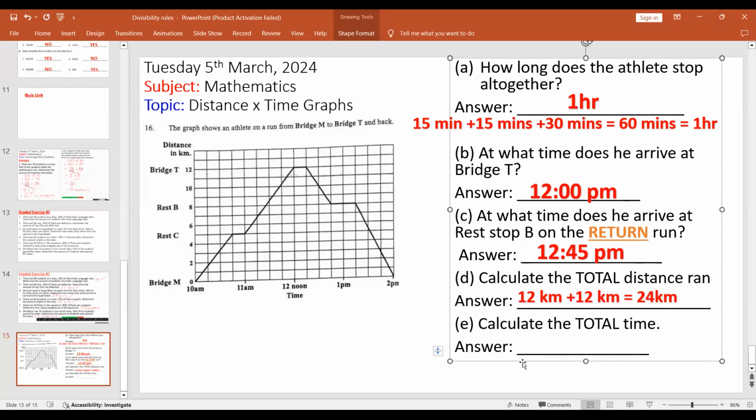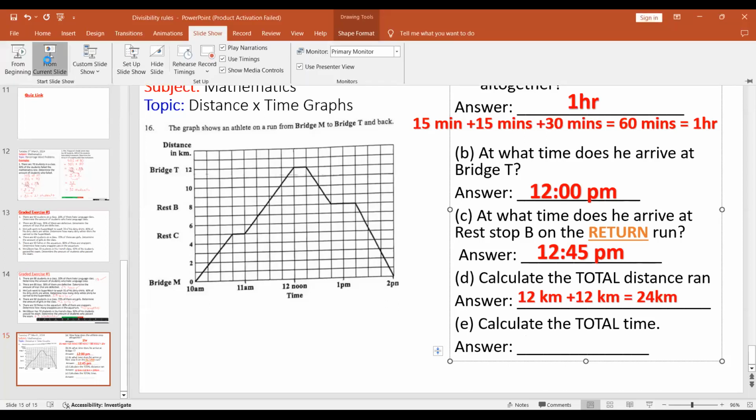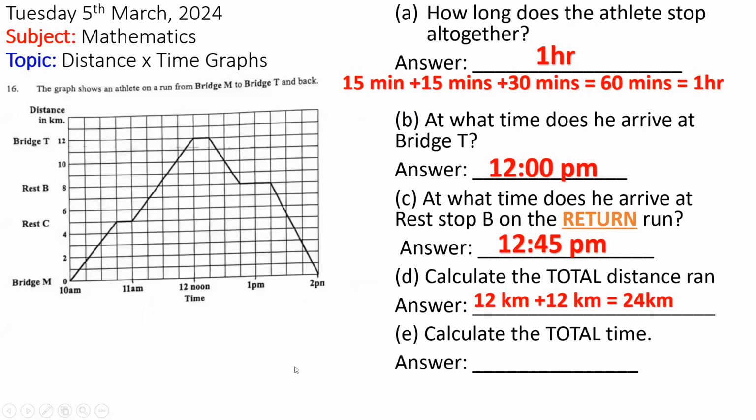If you want to figure out the total time for the entire journey, what would that be? The total time.